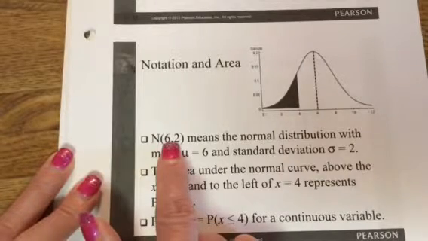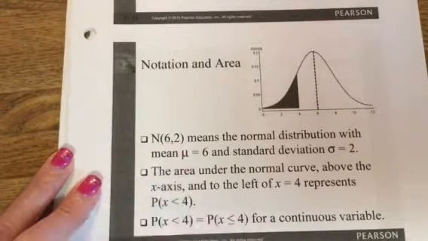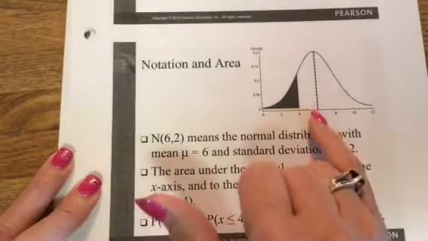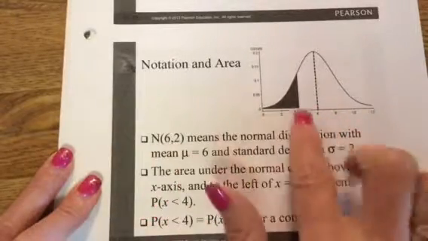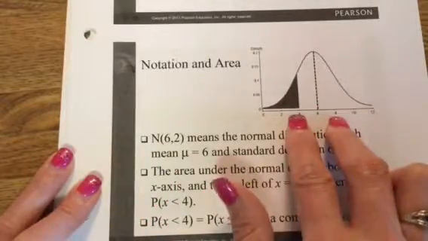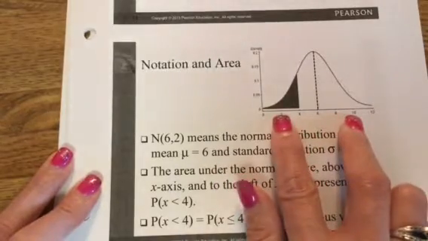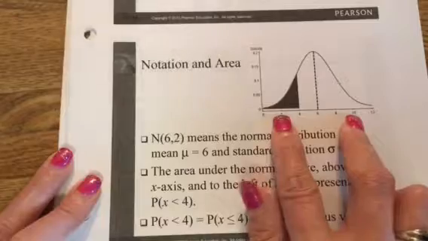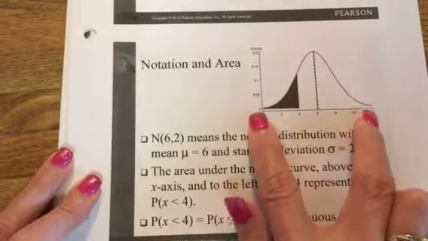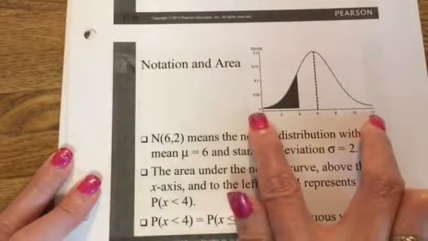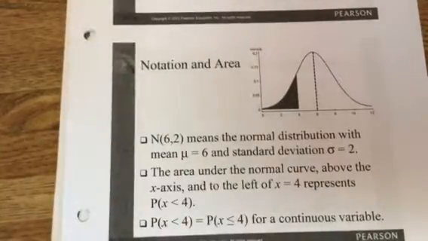This is our standard deviation. Therefore, when they draw this, they start at 6, then for 1 standard deviation, they add and subtract 2. For 2 standard deviations, they add and subtract 2 times 2, which is 4. For 3 standard deviations, they add and subtract 3 times 2, which is 6.